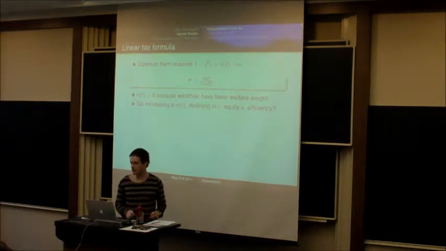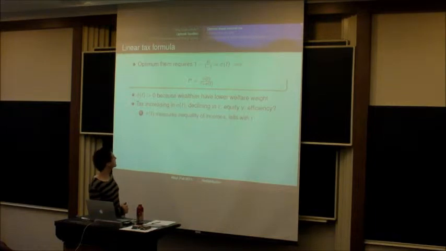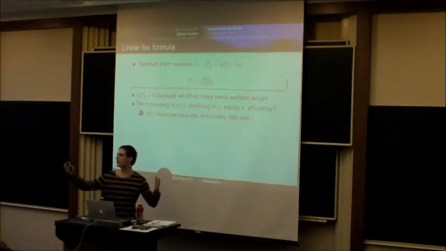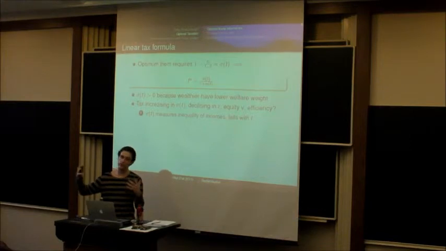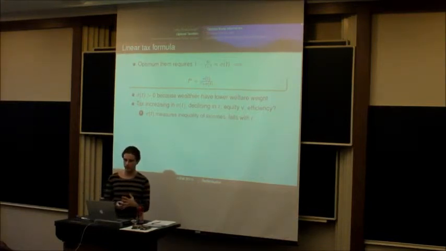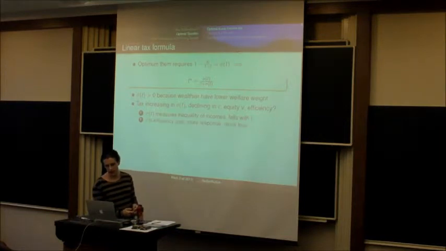Yeah, so that's exactly it. Sigma is exactly a measure of inequality. The more unequal a society is, the bigger sigma is. That's what we said: it's a covariance of the welfare weights with the income. And the elasticity is the efficiency cost.